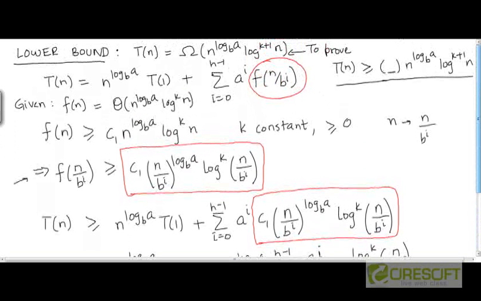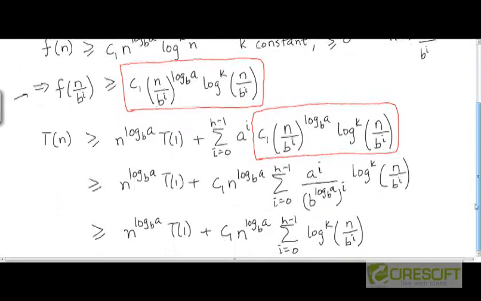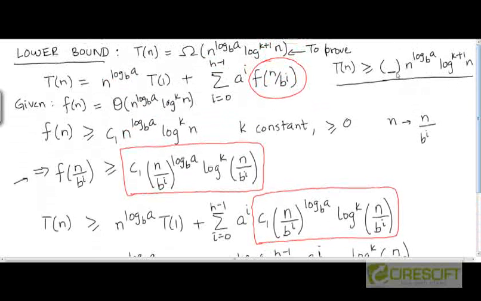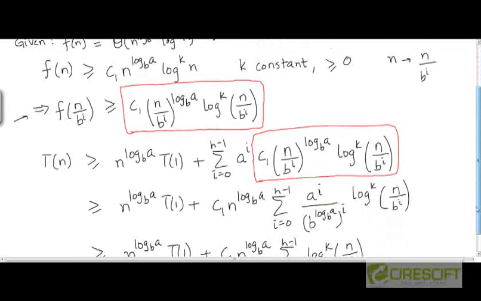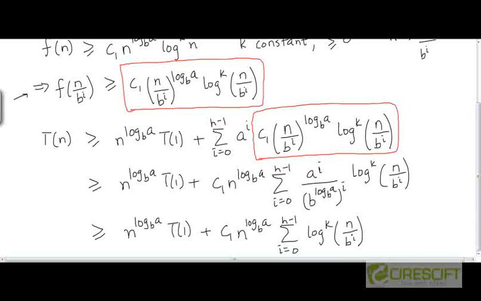Now notice that we've moved some steps closer to achieving this on the right hand side. We have a constant multiple of n to the power log base b of a, but we don't yet have log to the power k plus 1 of n. We have this summation over here.